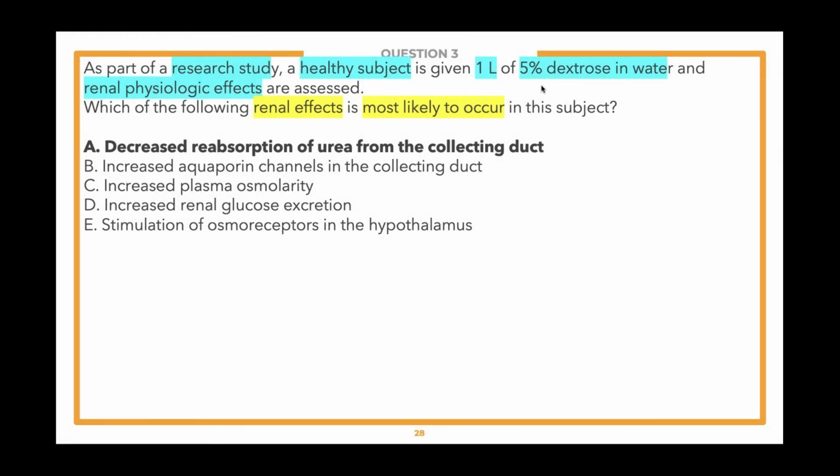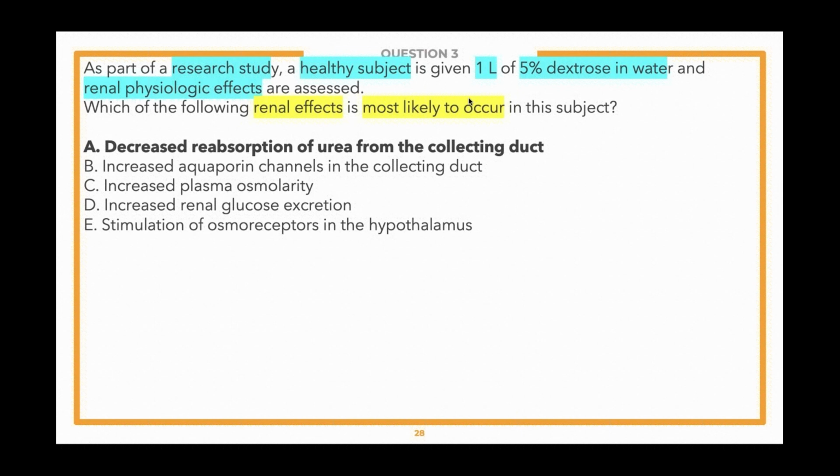So you're basically giving a subject a lot of water, and if you give a patient water, that would decrease their serum osmolality. As a result, this would lead to suppression of ADH secretion, because remember, ADH helps reabsorb water. We don't want to reabsorb more water. We just gave ourselves 1 liter of water.